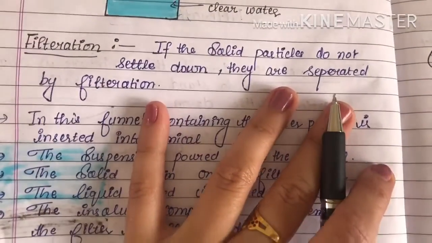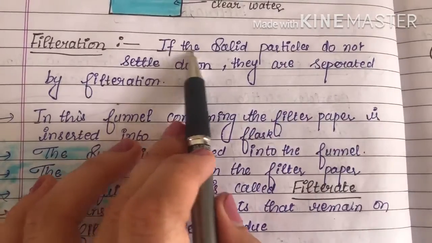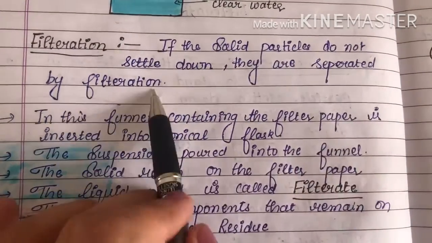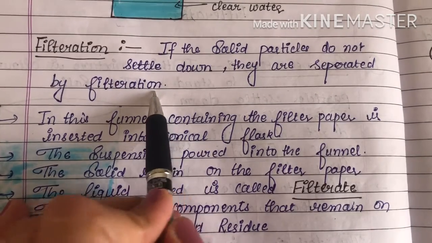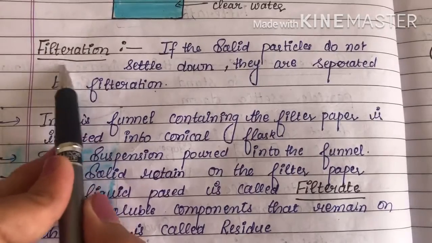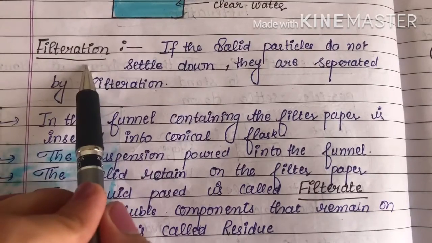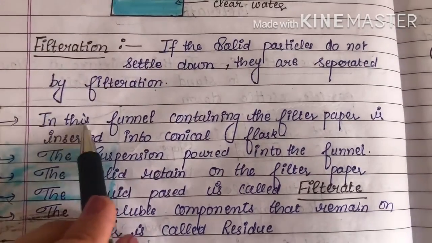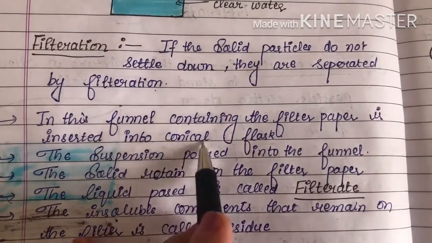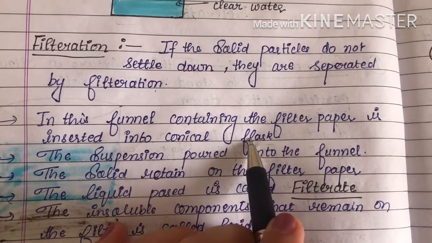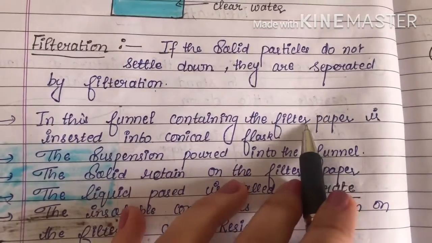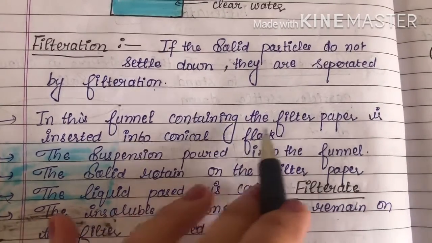The next step is filtration. If the solid particles do not settle down, they are separated by filtration. If solid particles do not settle down with the help of alum, then we use filtration. This is done mainly in laboratories. First, a funnel containing filter paper is inserted into a conical flask.